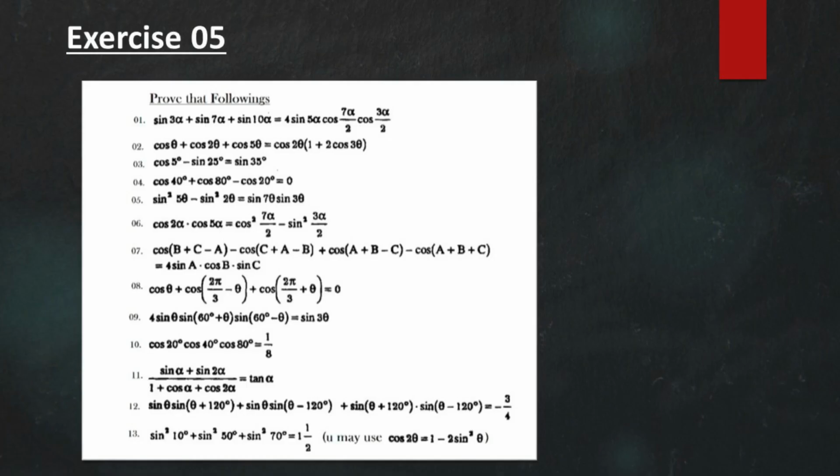Okay children, let's move to the next example. Sin 3 alpha plus sin 7 alpha plus sin 10 alpha equals 4 sin 5 alpha cos 7 alpha by 2 cos 3 alpha by 2, right? So what we are going to do now, I'm starting from the left hand side, so I apply CD for these two, right?